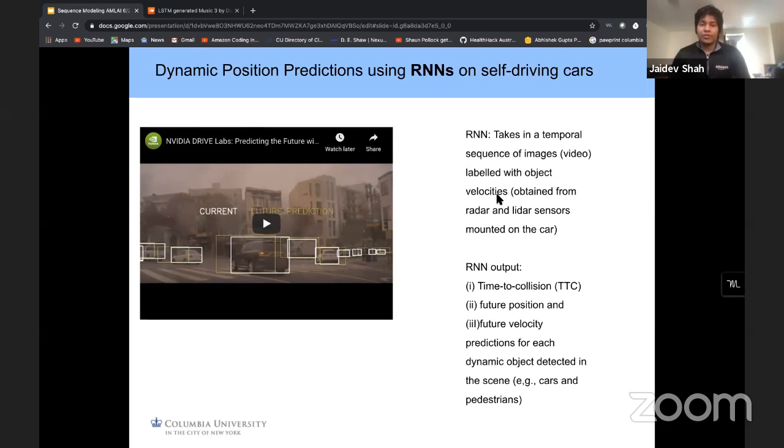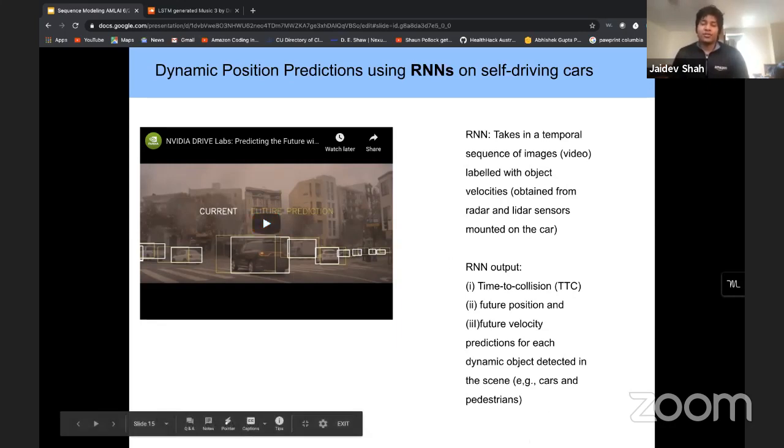So these images are also labeled by the velocity of each object. And the RNN will predict the time to collision of the car and all of these objects, the future position of these objects after half a second, and the future velocity of these objects after half a second. The more interesting objects are cars and pedestrians, right? Buildings don't move, so these models aren't applied to those sorts of objects.